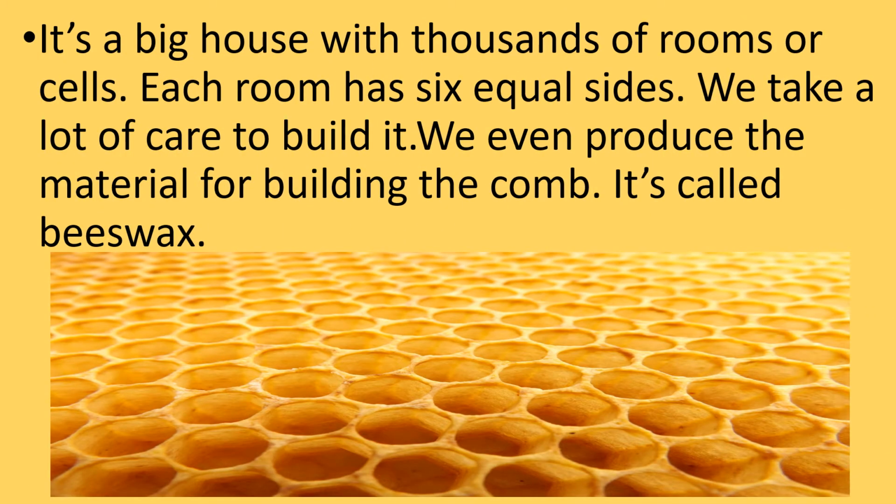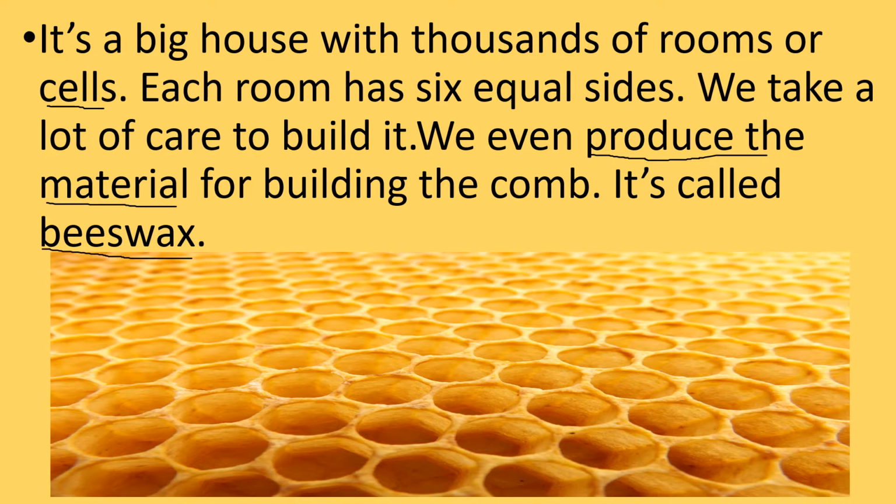It is a big house with thousands of rooms or cells. Underline cells. Each room has 6 equal sides. We take a lot of care to build it. We even produce, underline produce, the material, underline material, for building the comb. It is called beeswax, underline beeswax.